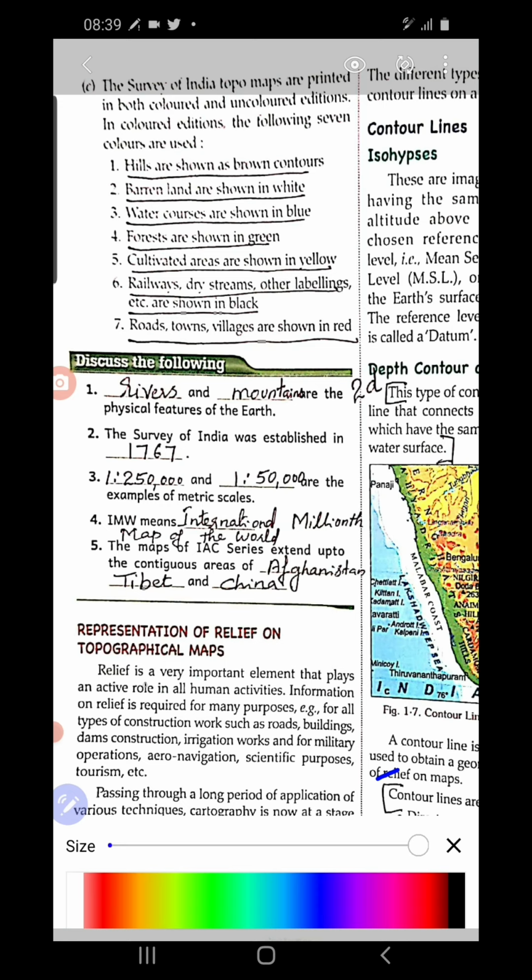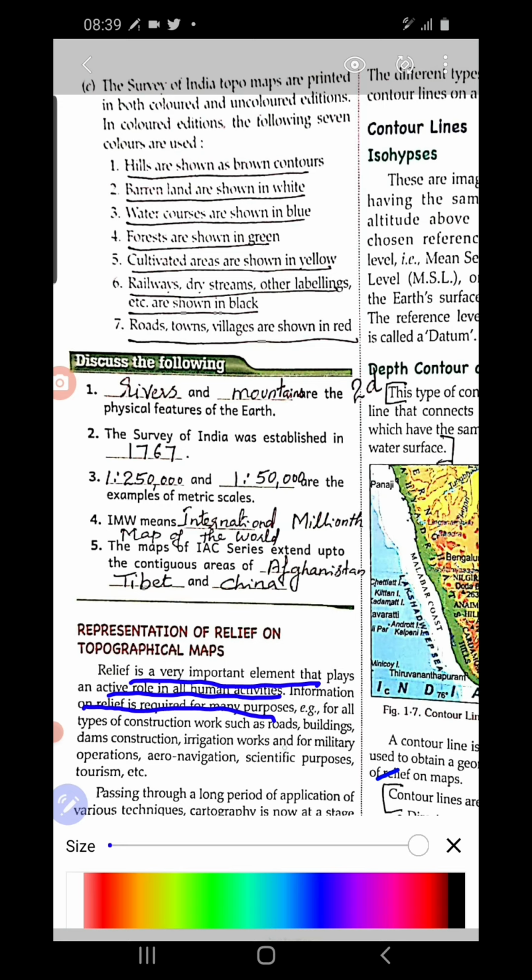Relief is a very important element that plays an active role in human activities. Relief means what? Plains, plateaus, rivers, etc., all the natural features. So that information about mountains, plains, plateaus and all in the survey map is very essential.